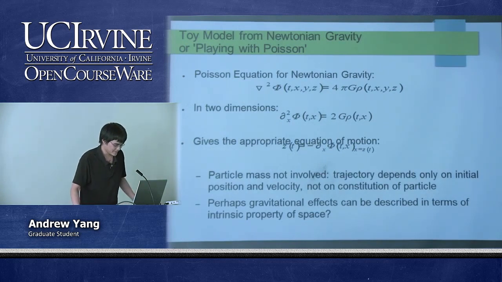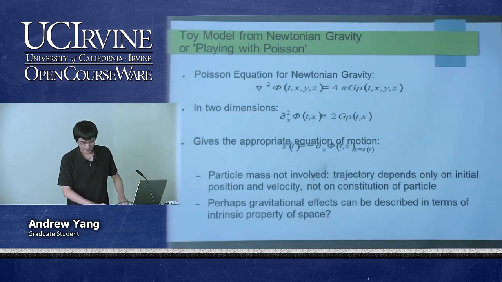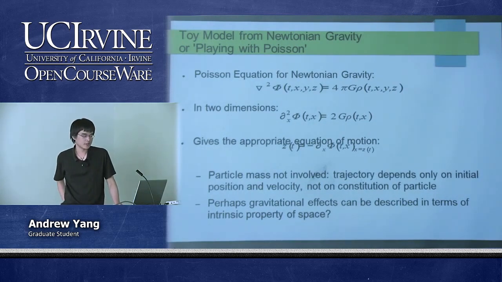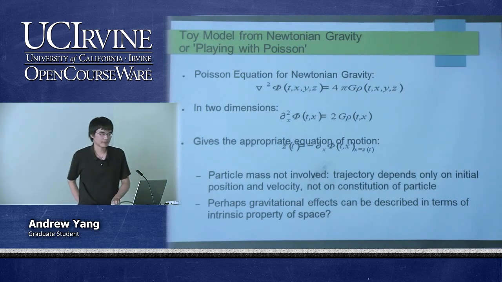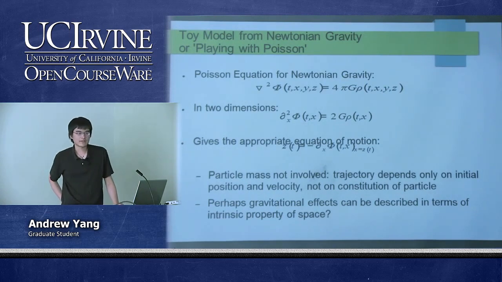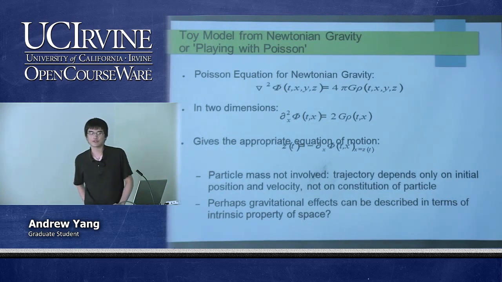And what we notice from this equation of motion, whether in 4 dimensions or in 2 dimensions, is that the trajectory of the particle depends only on position and velocity, and not on the mass or the matter. And whether in 4 dimensions or 2 dimensions, this can be an introduction to the idea that maybe gravitational effects are not in terms of mass, but come from just an intrinsic property of space.